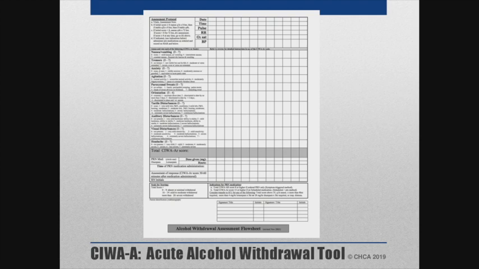This goes through nausea, vomiting, tremors, anxiety, agitation, paroxysmal sweats, orientation, tactile disturbances, auditory disturbances, visual disturbances, and finally headache. This can then be calculated into a number, and depending on that number, it determines whether they're in minimal, moderate, or severe withdrawal.